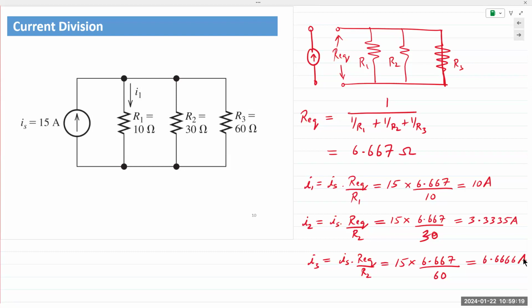Nice round numbers. Instant verification check. Resistor R3 is 2 times as much as R2. R2 is 3 times as much as R1. And so the currents flowing through each of those resistors will also have a corresponding ratio. So if I1 is 10 amps, I know I3 should be 1/6 of I1.